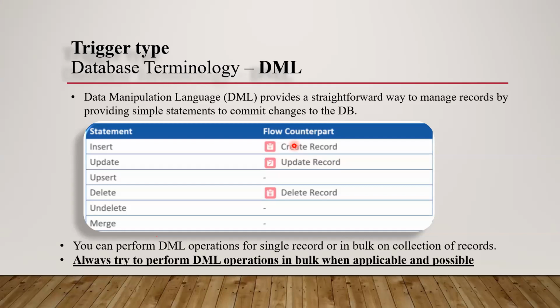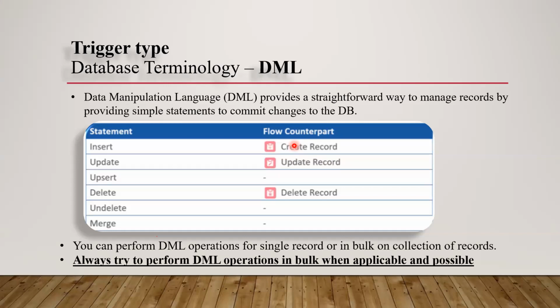When I say bulk, I mean a large number of records. But it's always a best practice, whether you are in Flow or in Apex, to always try to bulkify. When I say bulkify, always try to perform your DML operation on a bulk of records.